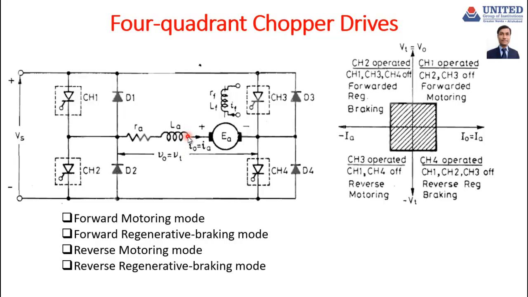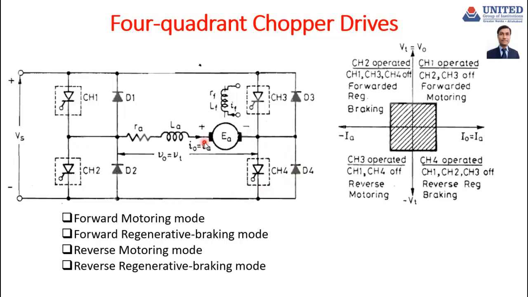When the switch CH2 is turned on and switch CH3 is turned off, then armature current starts to decay and flows through the switch CH2 and diode D4, like that.